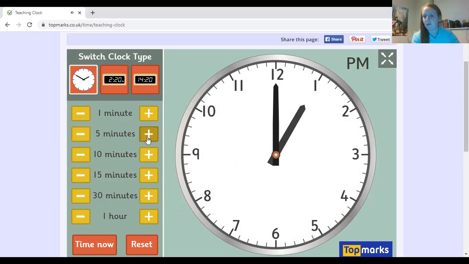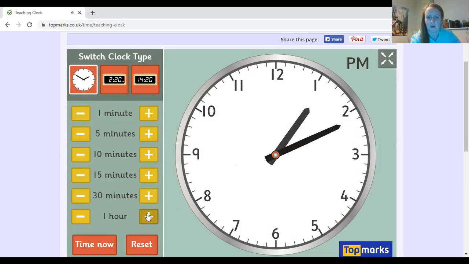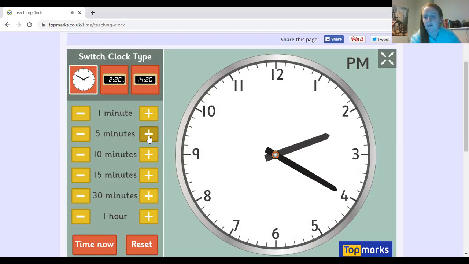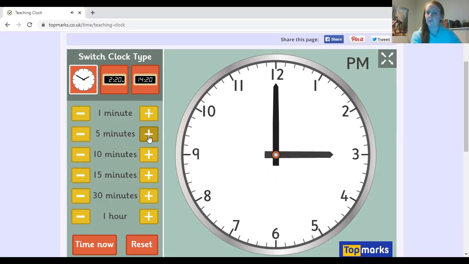So if I'm going in 5-minute intervals, let me just go another hour actually around to show 2 o'clock. If I was going in 5-minute intervals, you can see each time I get to the main increment, the main step, I'm counting in 5s. 5, 10, 15, 20, 25, 30, 35, 40, 45, 50, 55, 60 minutes, making a full hour.